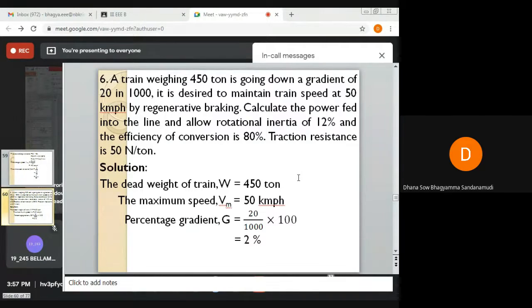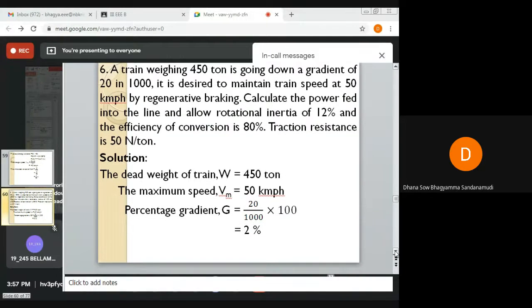So a train weighing 450, 20 in 1000, and it is desired to maintain train speed of 50 kilometers per hour by regenerative braking. And what happened for you people? Slide did not change.